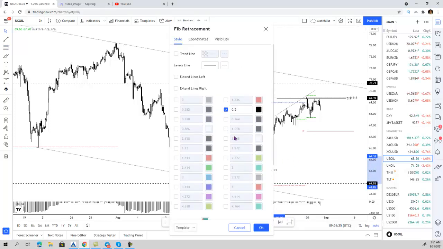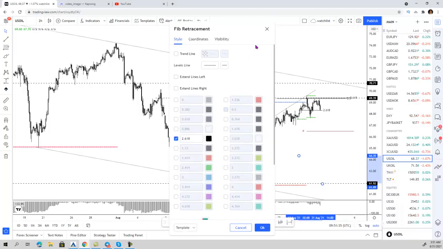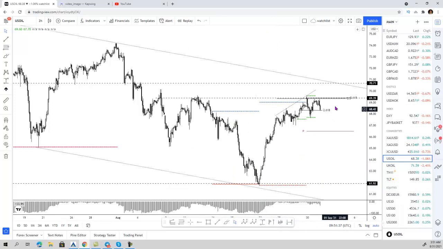I reckon we should be around the 261.8, a little bit higher than the 261.8 of that last leg down, right? So these are big bullish targets on the last part of that move to the downside, which means that we have hit short-term bull targets right at the previous highs.